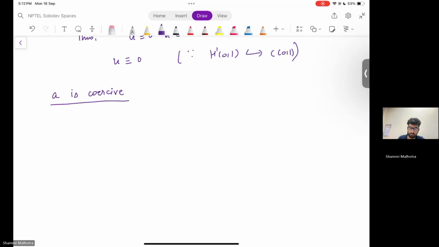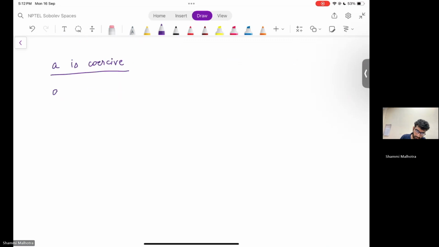So on the contrary, assume that A is not coercive. So what will happen when A is not coercive?